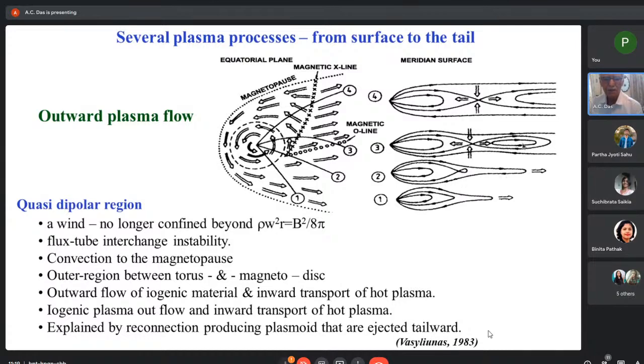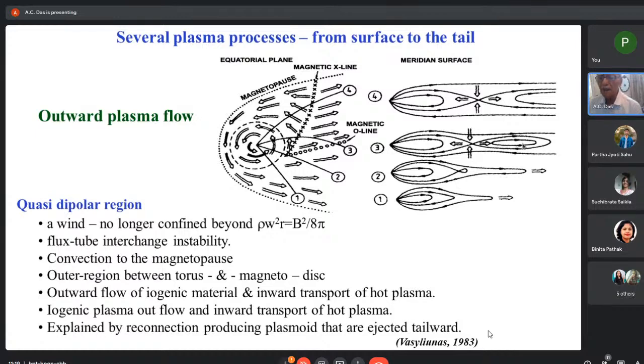When it sees the neutral point, it can go further. There could now be one X-type neutral point, shown by this arrow, and there is a circle on the other side where there could be an O-type neutral point. That means inside the circle the magnetic field would be zero.